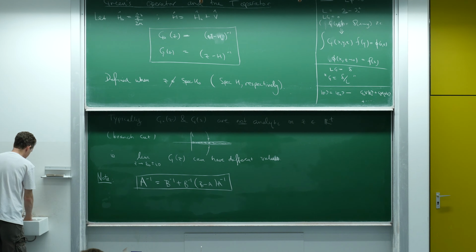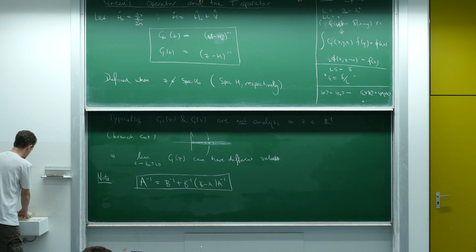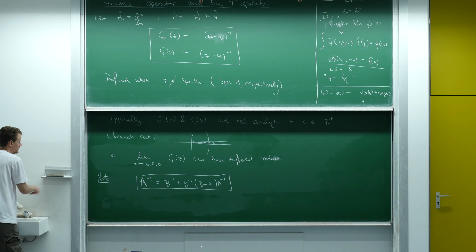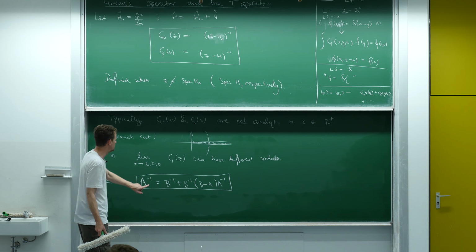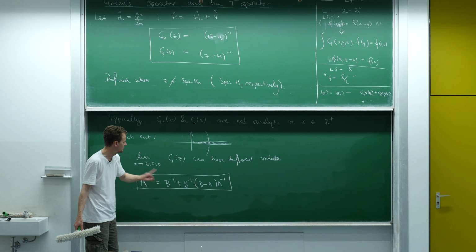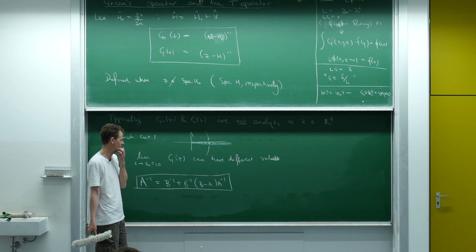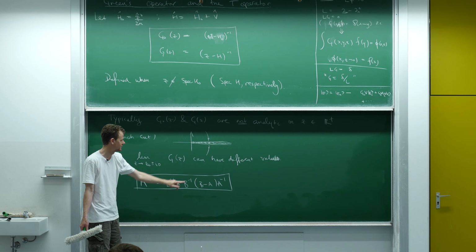So we pretty much know what G naught is, because we know what P squared over 2m is. We know how to diagonalize that. So we know how to diagonalize G naught. So that's okay. We don't know much about G, but this little equation here is about how G relates to G naught. So this is an operator equation. You can just check it's true while I'm erasing the board. Just imagine multiplying out the right-hand side.